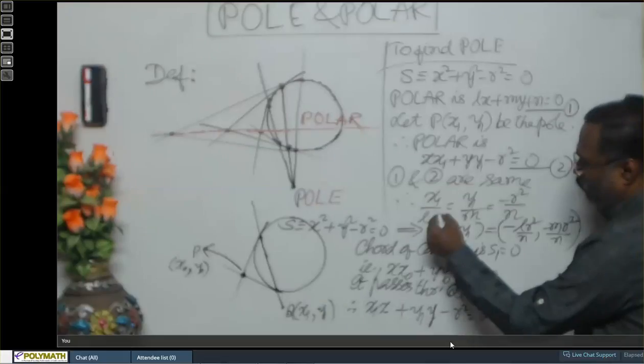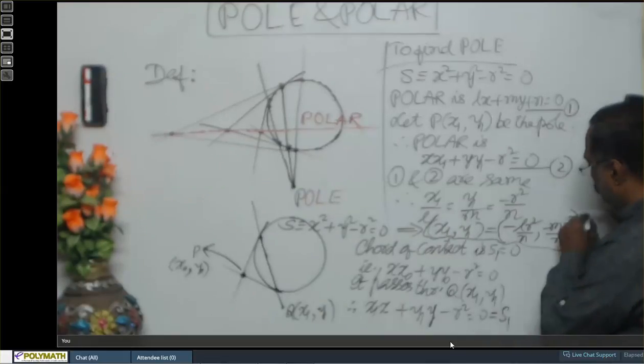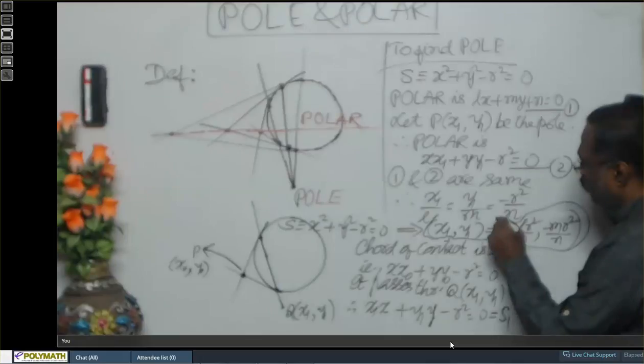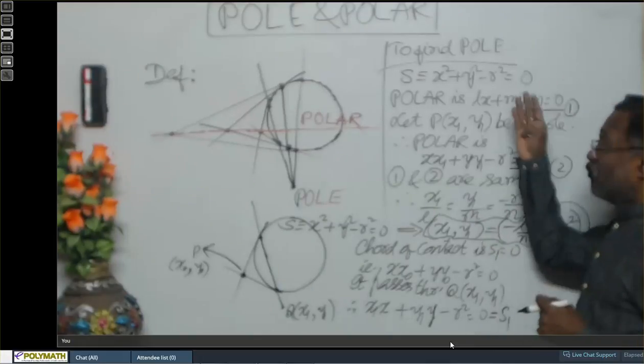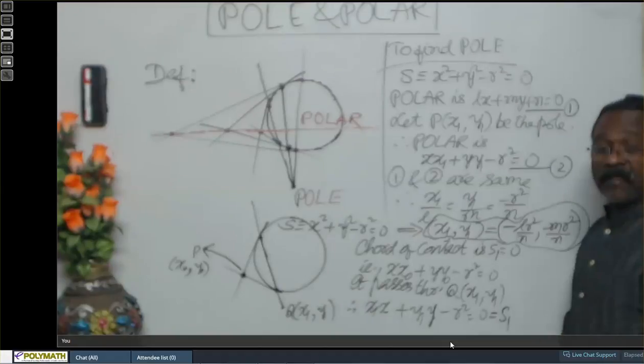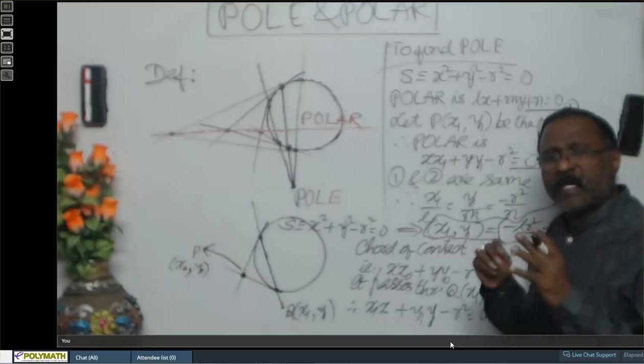This is the formula to find the pole of a given line Lx plus my plus n equal to 0 with a simple circle x square plus y square minus r square equal to 0. By simple circle, I mean it is given in the simplest form. If it is given in the full form also, the method is one and the same.